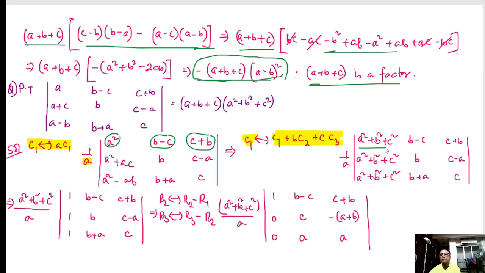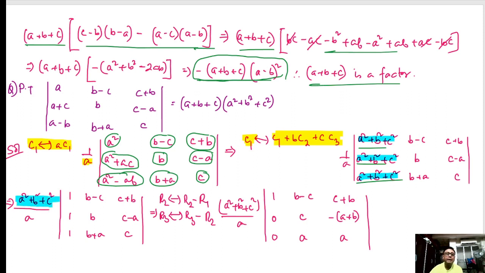So here we get this. Similarly, B times of this, C times of this, add it with this, we get this. Similarly, B times of this, C times of this, add it to this, we get this. So now you can see that we have got a common term, A square plus B square plus C square. So that is coming out here.